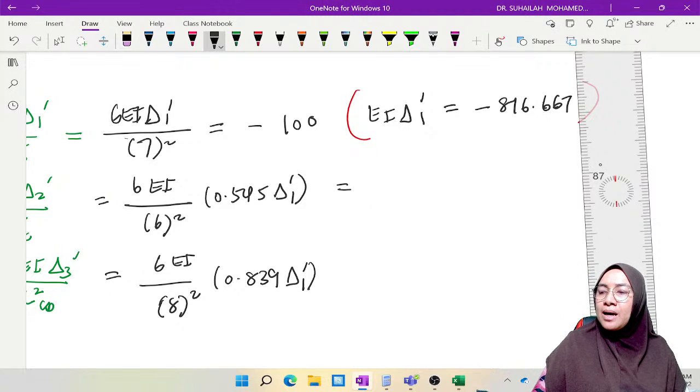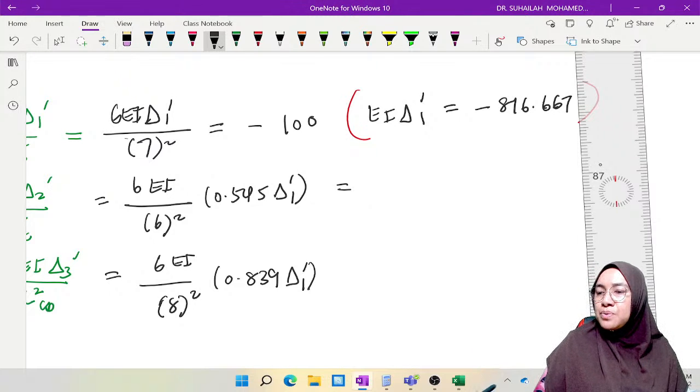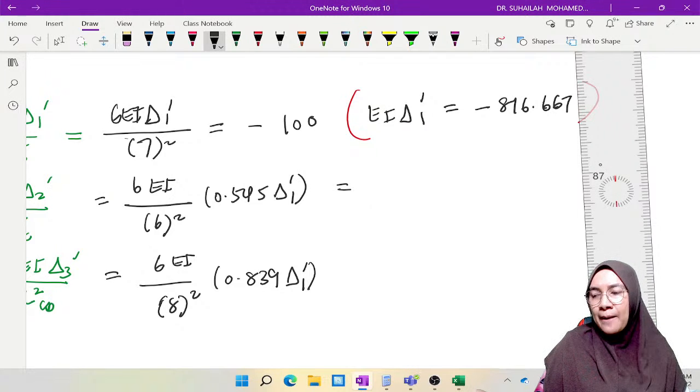By substituting the relation between delta 2 and delta 1 prime, we get 6 EI over 6 square, which is 0.545 delta 1 prime. So we can substitute negative 816.667 into the FEM for member BC.